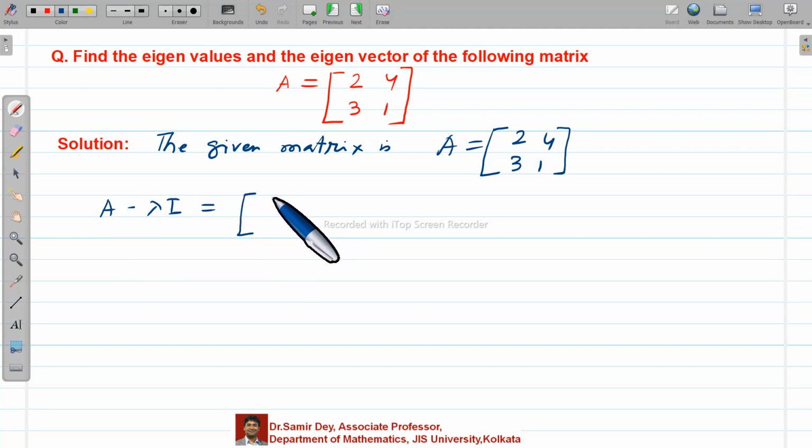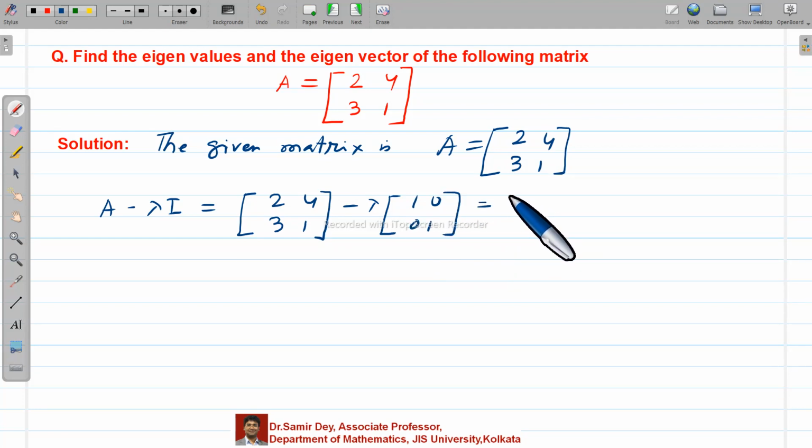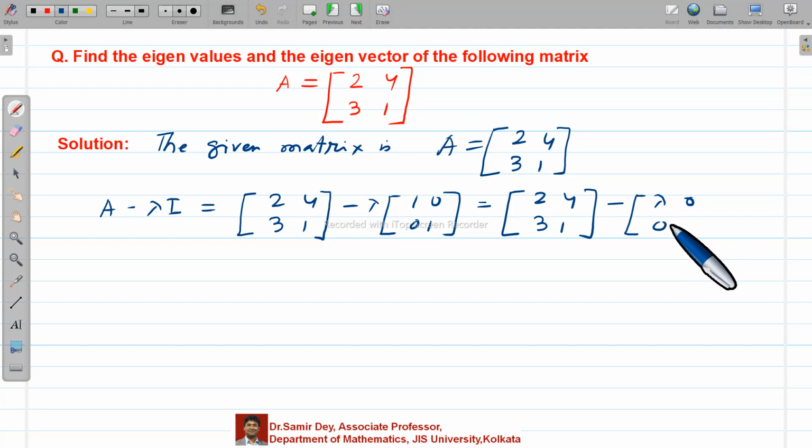So here you may write [2 4; 3 1] minus lambda [1 0; 0 1]. So from here we may write [2 4; 3 1] minus [lambda 0; 0 lambda]. That means you multiply lambda with all elements: lambda into 1 is lambda, lambda into 0 is 0, lambda into 0 is 0, lambda into 1 is lambda.